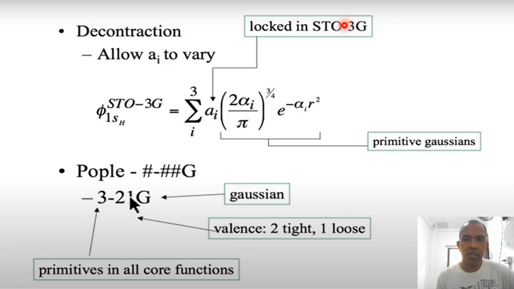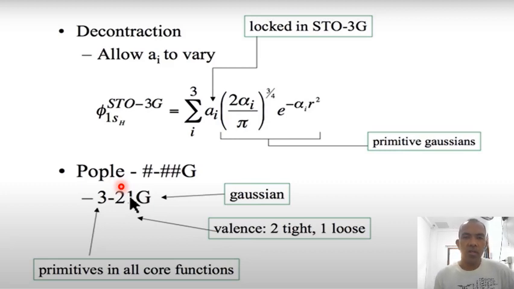You will see these notations in computational papers, a number, then a series of numbers, then a G, which implies that it is a Gaussian basis set. The number before indicates how many primitives are in the functions.